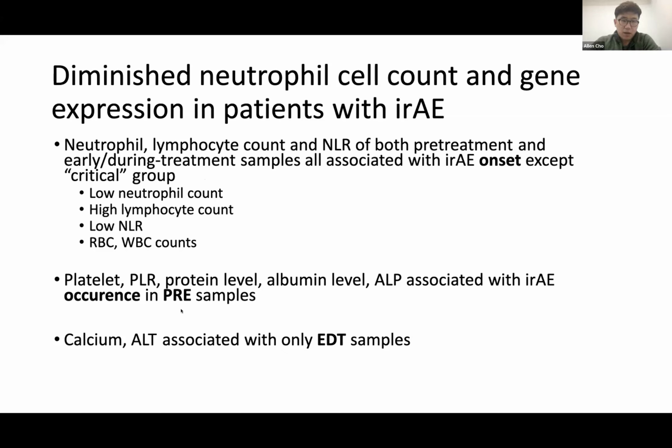But when comparing the pre-samples, when the patients were not treated with the treatment, they also found that platelets, PLR, protein levels, things like this were associated with the occurrence. Which direction? Low platelet? It was with high platelets. High platelet?